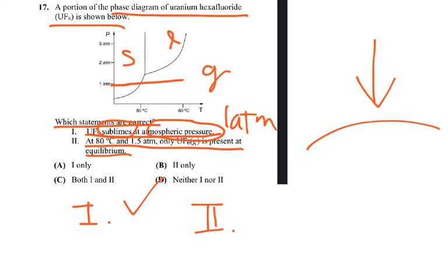So if we take a look here, we see that at 1.5 atm and 80 degrees Celsius, it is in the gaseous phase, and at this phase, it definitely will not be at equilibrium between a liquid and a gas, since it is not on this boundary, and therefore it will only be a gas.